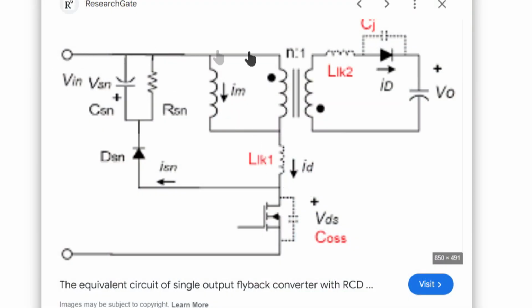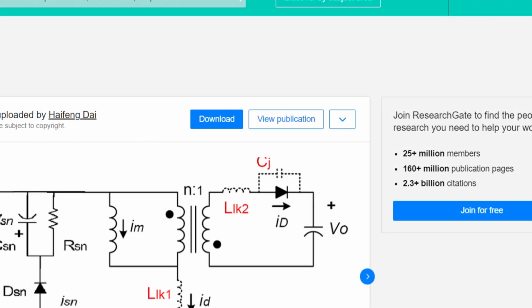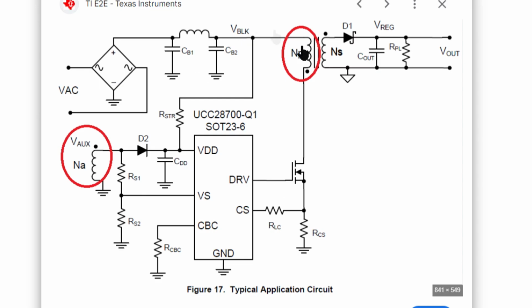There's another one: positive in, orientation dot. Orientation dot out is on the opposite end of it, but it shows a positive output on this. What in the world? Researchgate.net, okay, that was that one.